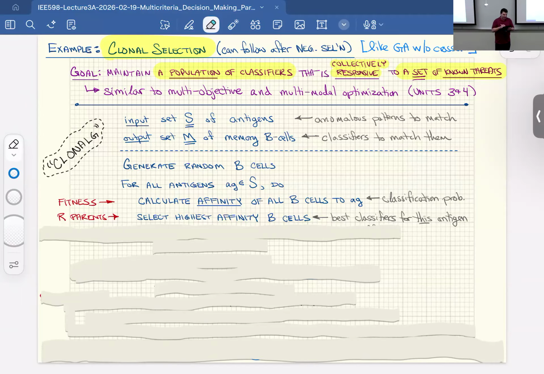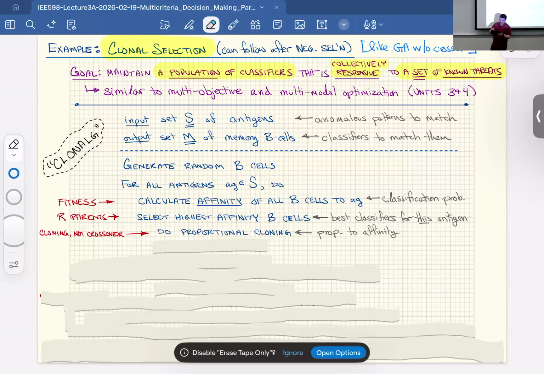So once we have that, we're going to do something akin to selection in a genetic algorithm. There will be a hyperparameter you set, just like our parents. So you can say, select the highest affinity B cells for this antigen. And we do that with proportional cloning.